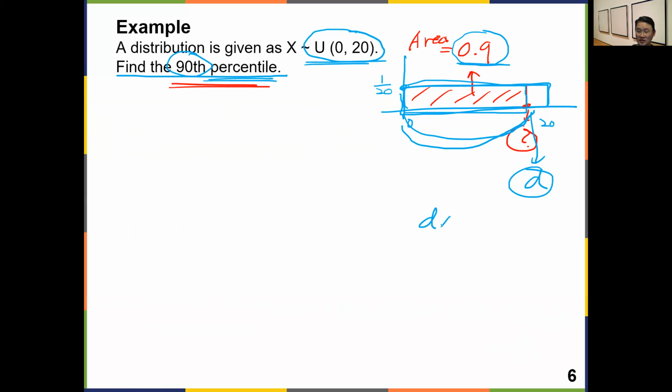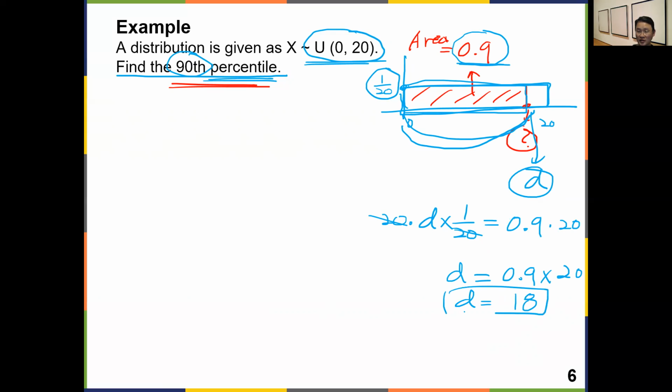So d times the height, which is 1 over 20, must be equal to 0.9, 90%. How do I solve this? You multiply 20 on both sides, so this cancels out. Your d is going to be 0.9 times 20, which is 18. So this number right here, d, is going to be 18.